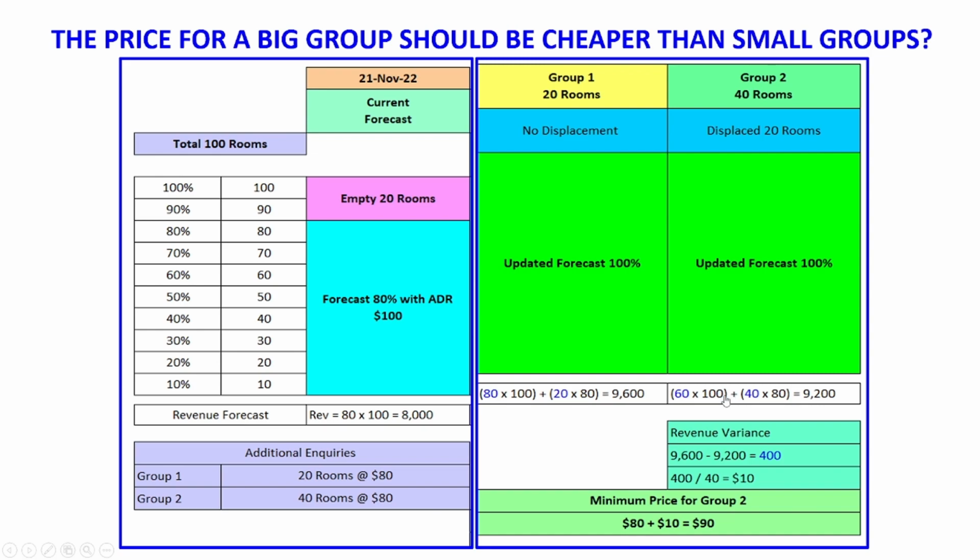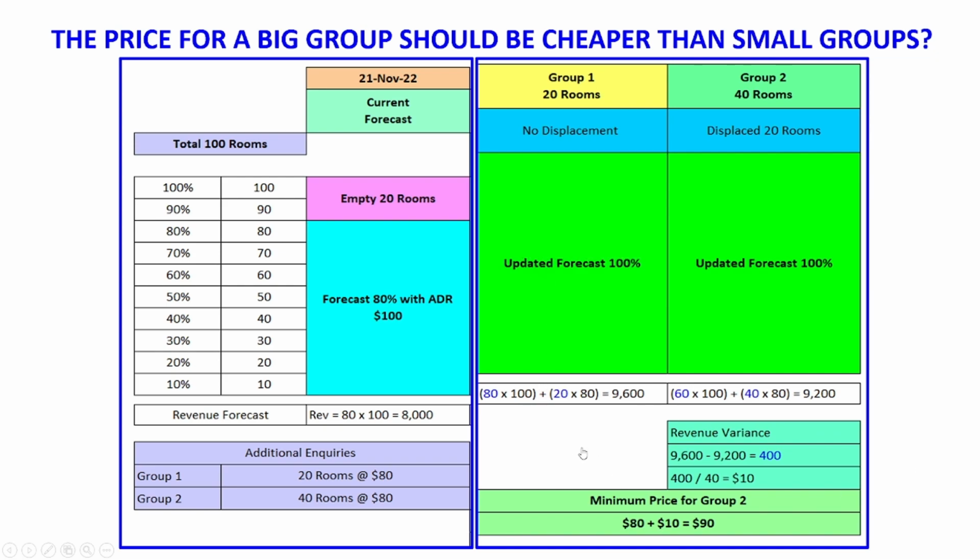Okay, so in this case, the small group is better than the big group. So it doesn't mean that all the big groups should be cheaper than the small group. In this scenario, let's look at the revenue variance.